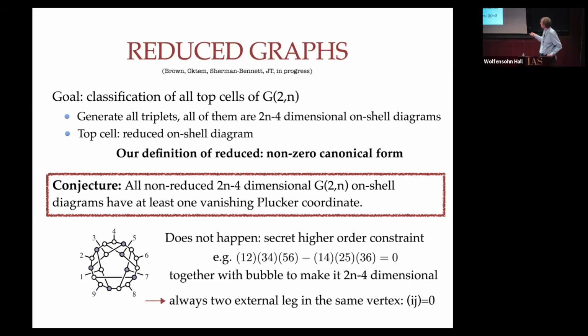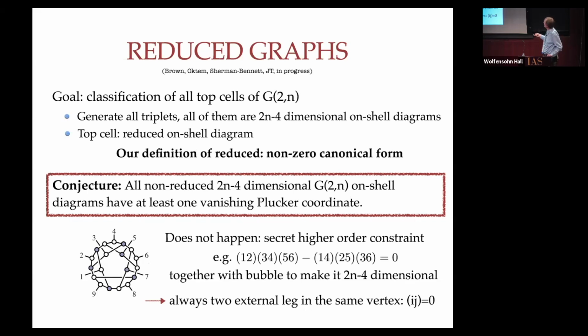The conjecture that we can make here, which is supported by our check up to G28, though not proven, is that all non-reduced 2n minus 4 dimensional G2N on-shell diagrams have at least one vanishing Plücker coordinate.